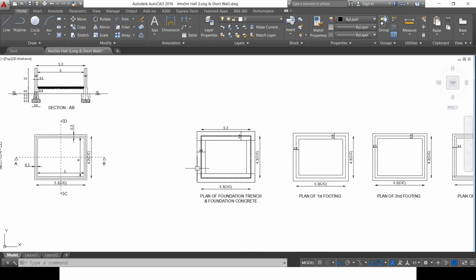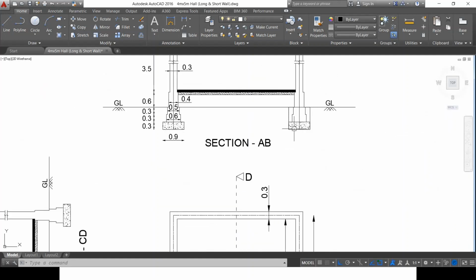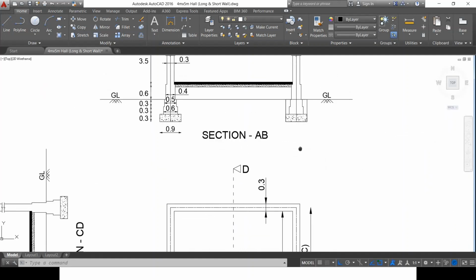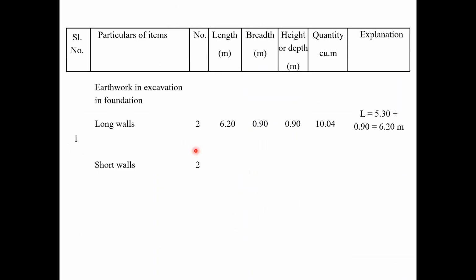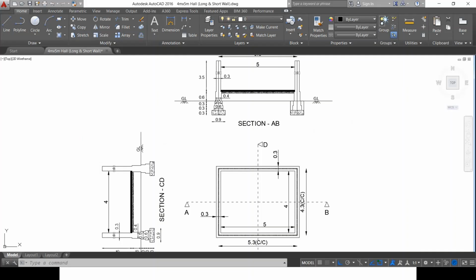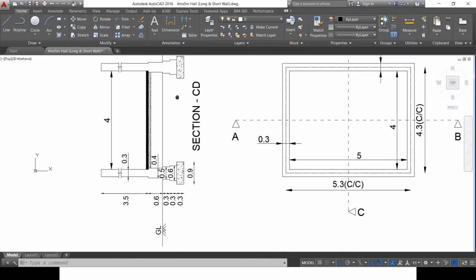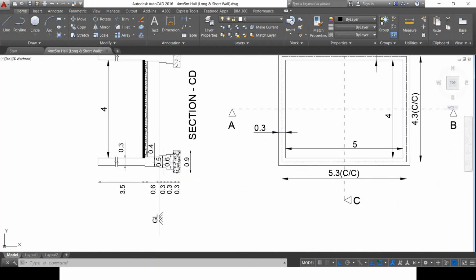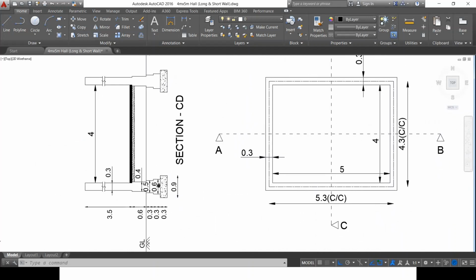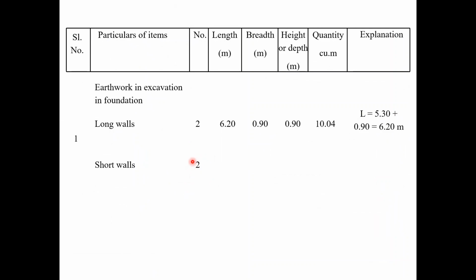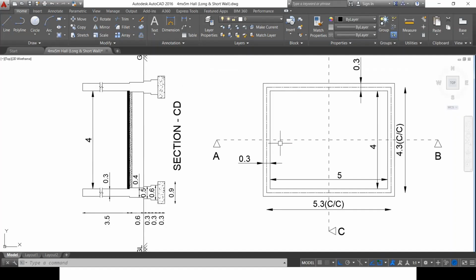Because it is symmetrical and all the properties of the foundation, each and every detail whatever I'm going to consider, is same in the earthwork excavation. I'm talking about earthwork excavation. The size of the foundation, that is the width and depth of the foundation, is same. I'm going to consider it as 2. Let us say the width of foundation for this wall is separate and for this wall is separate.